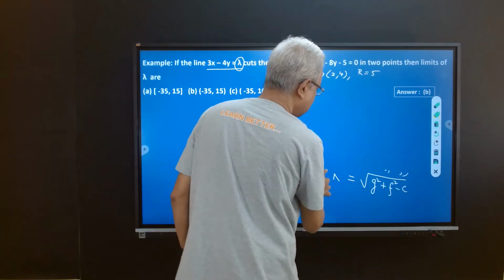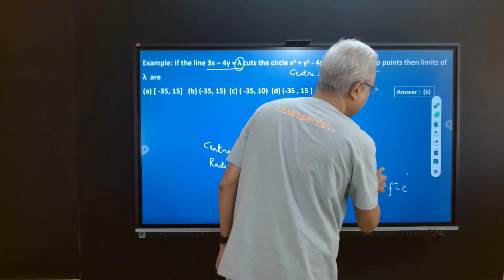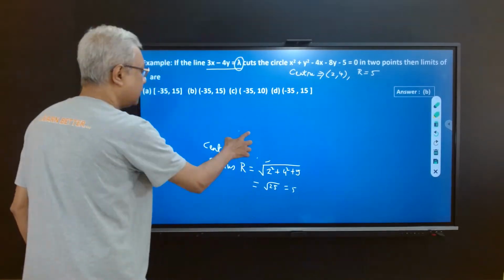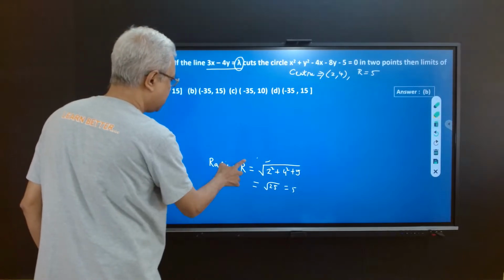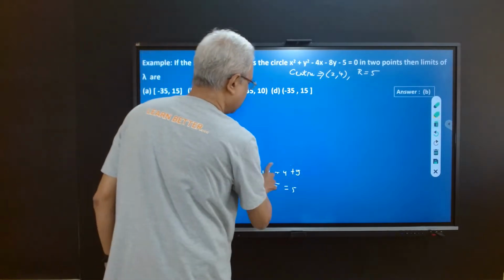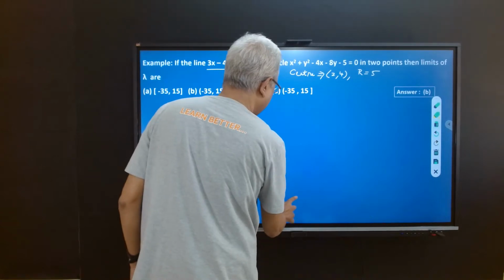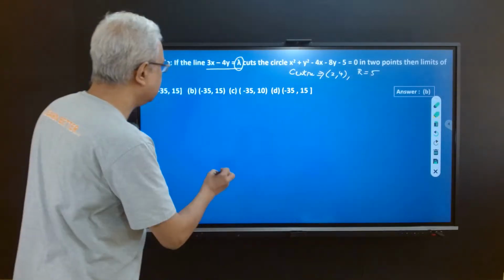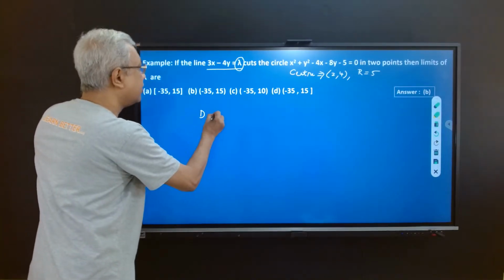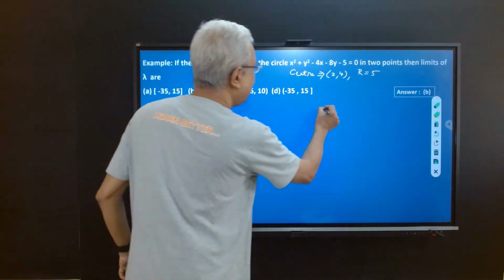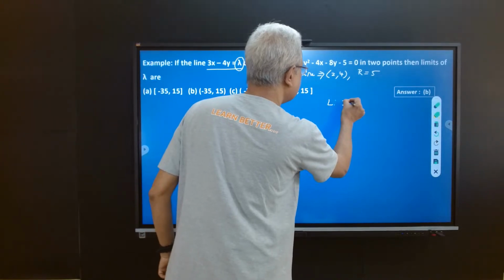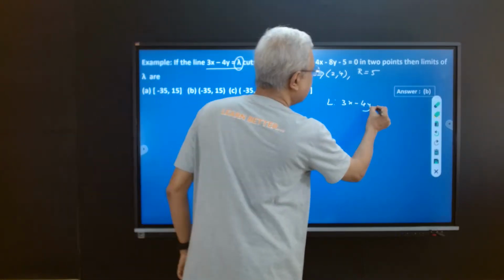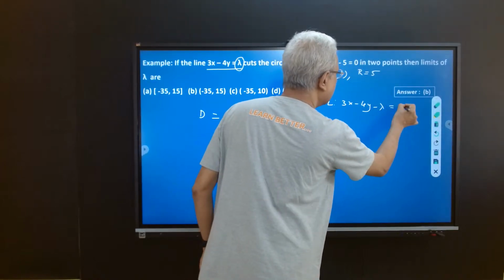So let us recall the formula and work out the perpendicular distance for this particular case. If I call that D, our given line is 3x minus 4y minus lambda equal to 0.